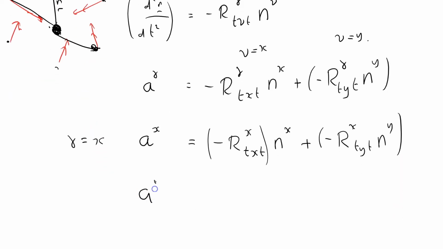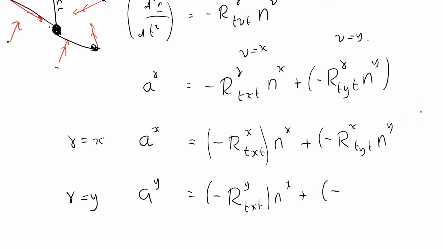And of course, y is the same thing, but substituting gamma equals y. Minus r, gamma equals y, txt nx plus minus, bracket should be there, r. That's got to be a y to match that y there. T, y, t, n, y.